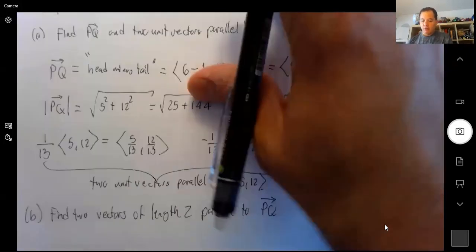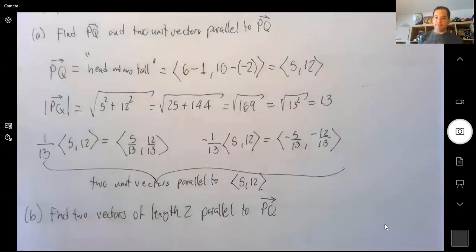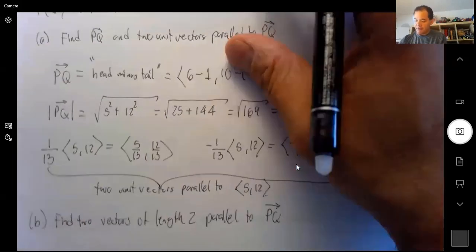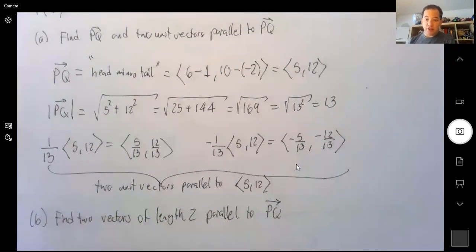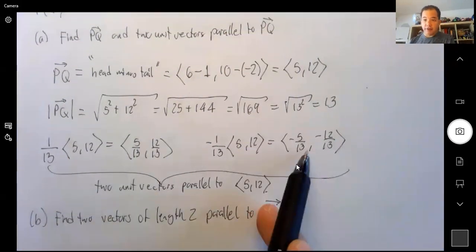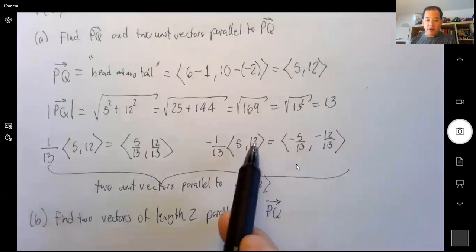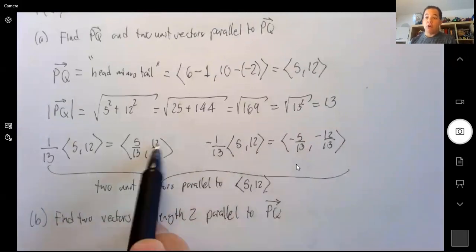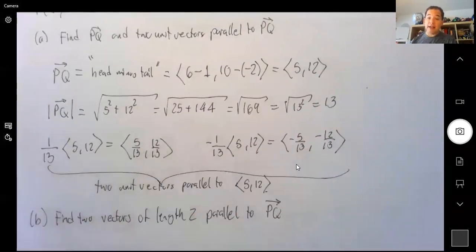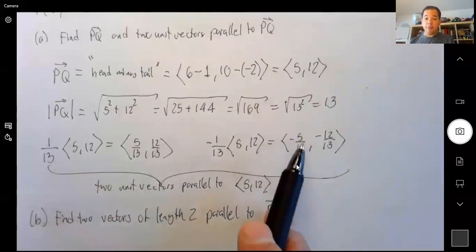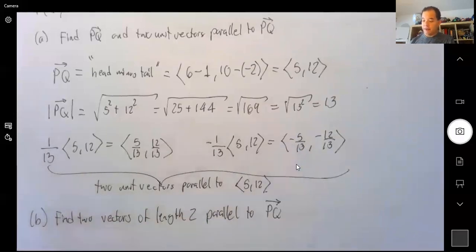And it's actually very easy, especially if you already have the ones that are unit. Because we already know these 2 are unit. So all we need to do to get any size, it doesn't have to be length 2, it could be length 10, it could be length 27, is multiply these unit ones by the magnitude you want, right?